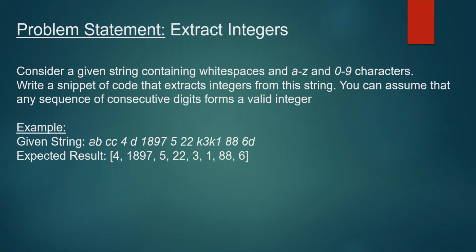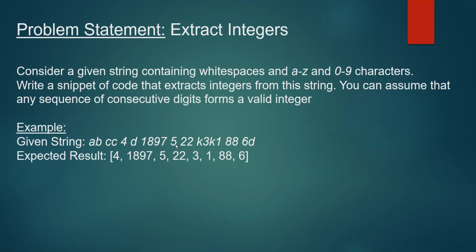For example, we can see a string here: a, b, white space, c, c, white space, and then 4 here. So this is an integer. Then some d, white space, and you can see a sequence of consecutive digits here, 1, 8, 9, 7. This whole string is one valid integer, 1897, and then space 5.